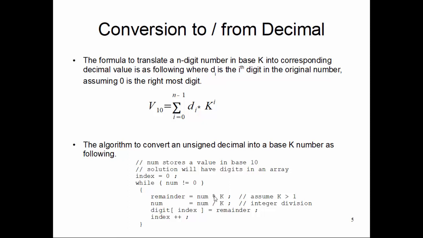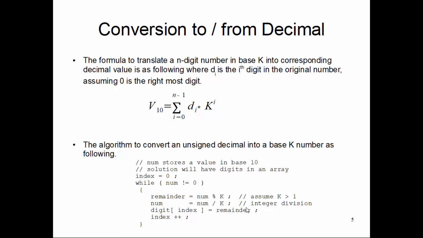The remainder we assign to a different variable, and num is updated with the quotient from that division. Okay, that is the integer division. Let's say we initialize an index to 0, then my digit at the 0th position is your remainder, and you increase the index by 1.